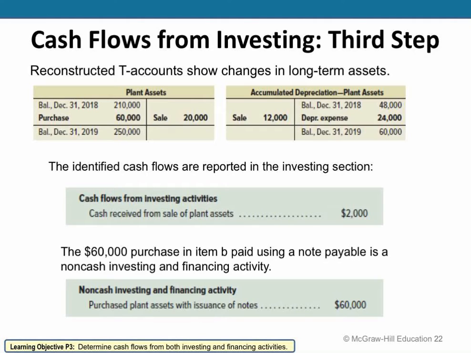And we also took depreciation expense, so that's going to increase that accumulated depreciation for $24,000. We've identified here $2,000 as the cash inflow from that investing activity, and the $60,000 purchase of that plant asset was done using a notes payable, so it's a non-cash investing or financing activity.